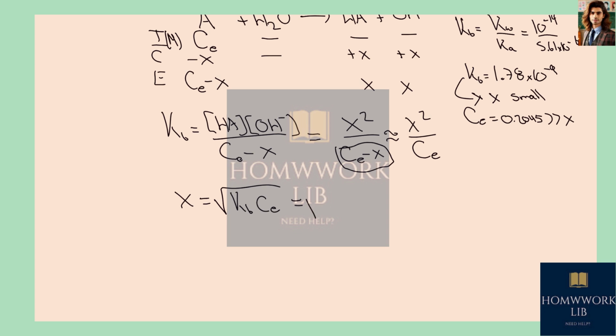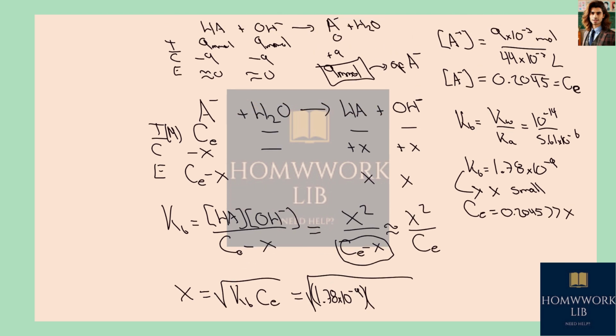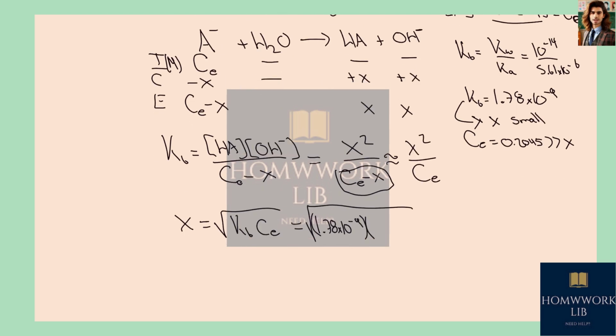The value for Kb is 1.78 times 10 to the minus 9 multiplied by my concentration at the equivalence that we found to be 0.2045, giving us a value of 1.91 times 10 to the minus 5.